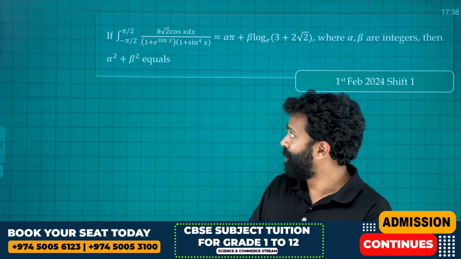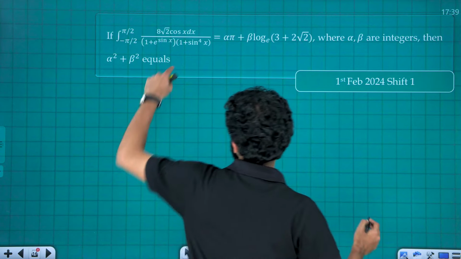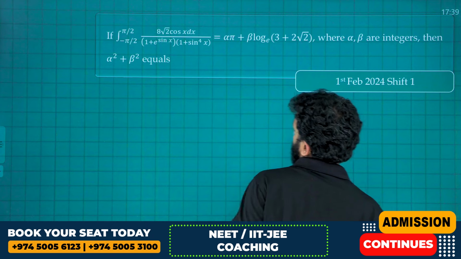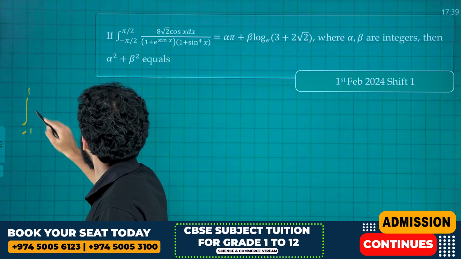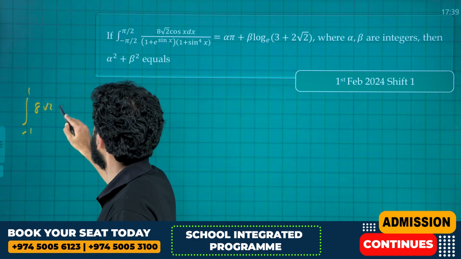Yes, let's do it from the basics first. Let's put sin x is equal to u. Its derivative is over here, right? Therefore we can directly write, it is minus 1 to 1, 8 root 2 into cos x dx, which will be du.